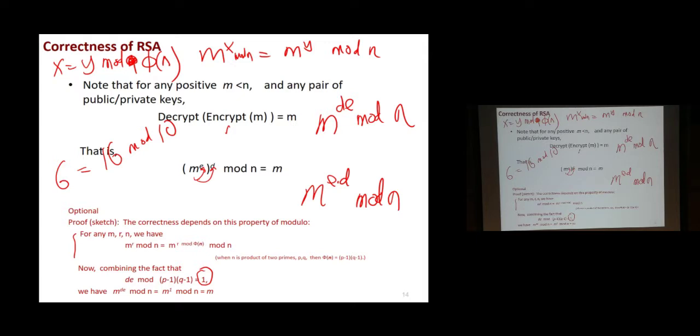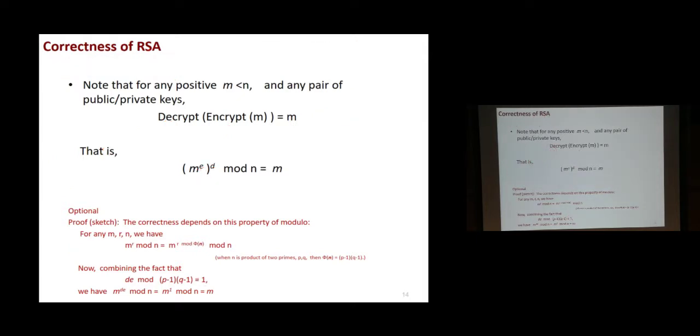What this means is that after we get M to the power of E times D mod N, I can replace D times E by 1. So this is equal to M to the power of 1 mod N, which equals M. This is a simple proof. The actual proof is not required in this module.